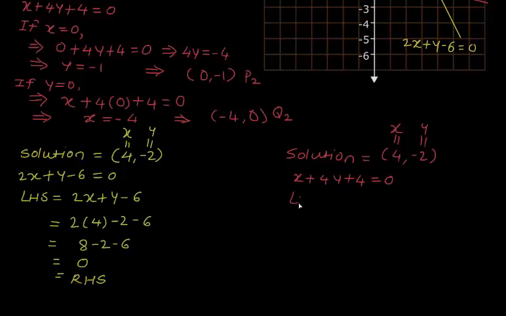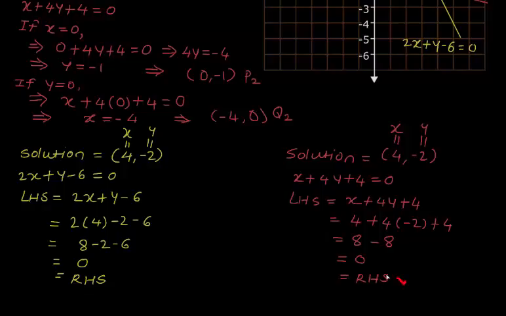So the left hand side of this equation is x plus 4y plus 4. Now putting value of x, which is 4, plus 4 into y, y has value -2, plus 4. That means we got 4 plus 4 is 8, minus 4 into -2 is -8. So at the end we got 0, which is nothing but the right hand side.